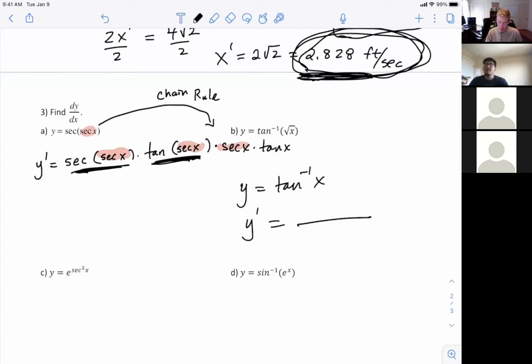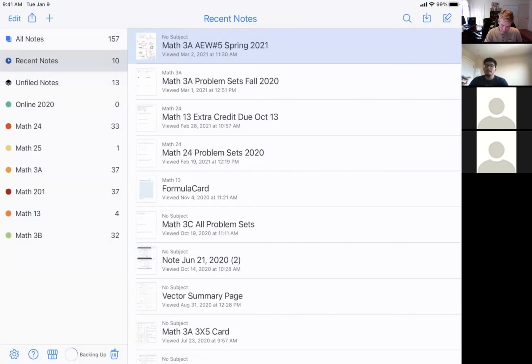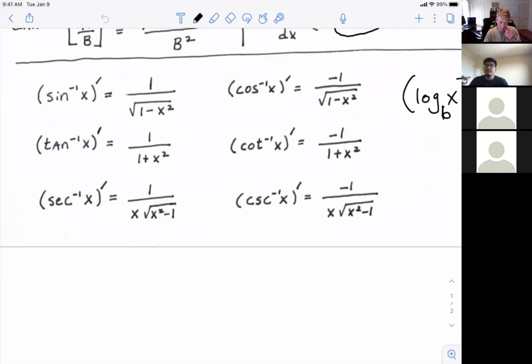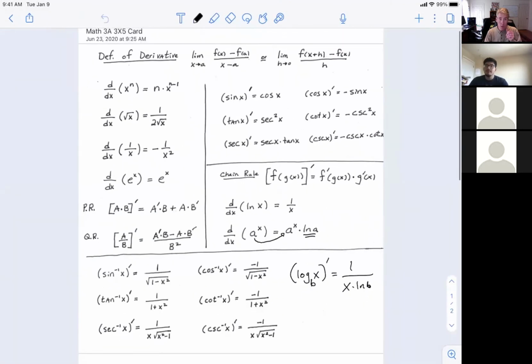Would that be secant inverse squared of x? Oh, I don't think we've done the inverse functions yet, right? No, we haven't. I don't think we've gone over those yet. Okay.